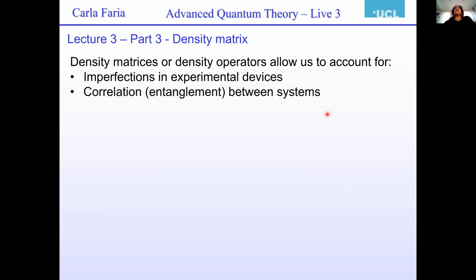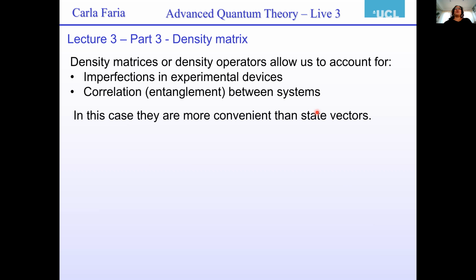Now we talked also about density matrices, and they are devices that allow us to account for imperfections in experimental devices or correlation, namely entanglement between systems. So they are more convenient than state vectors if you need to account for this type of thing, because state vectors are okay if you have a system which doesn't have this kind of classical correlation.